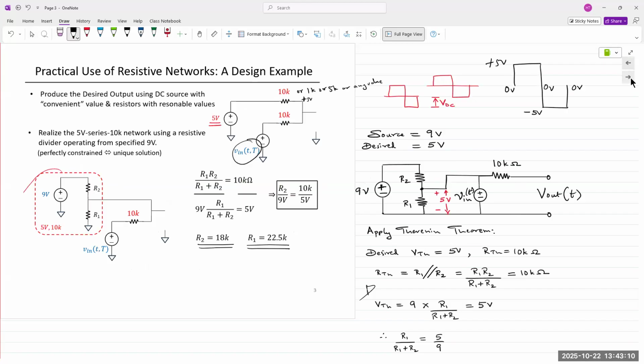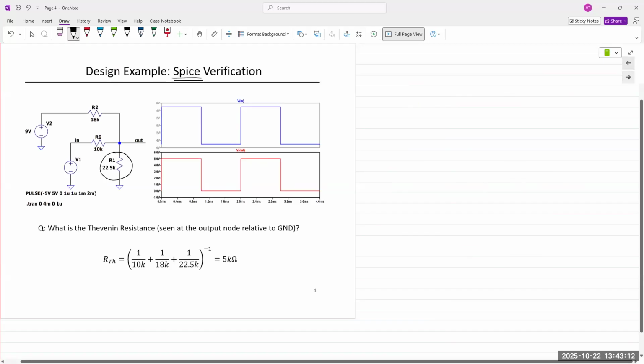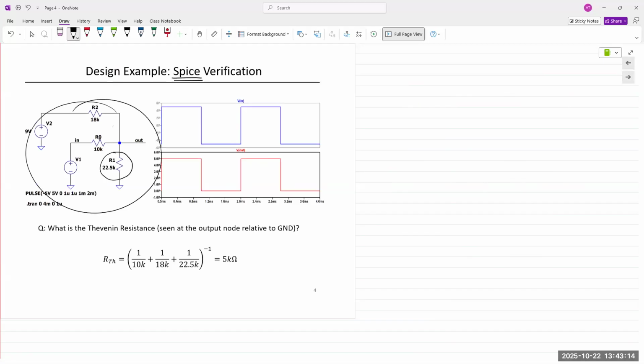So you create the circuit in LT Spice and you run the simulation, and you're able to see this is plus 5 volts, this is minus 5 volts, this level right here. And then the output, you will see going from 0 to plus 5.